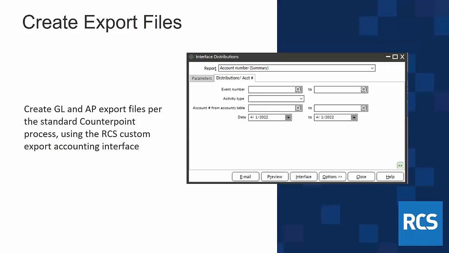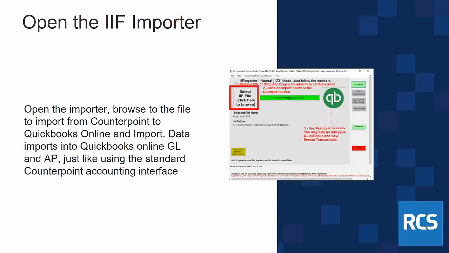So here's just a screenshot of in Counterpoint how we do our normal distribution interface and create the file. So we would just do that normal process. Once that export file is created, we go here and open the importer.